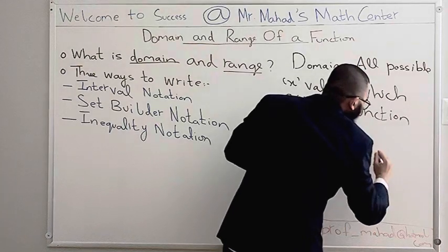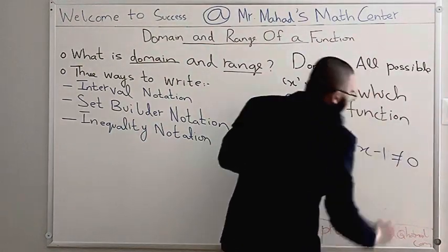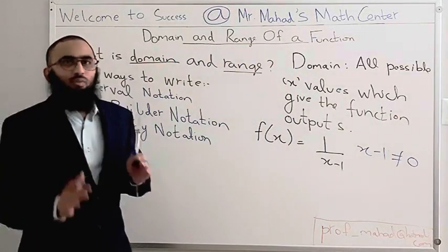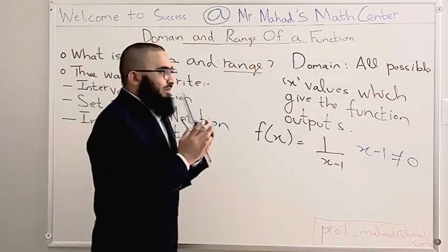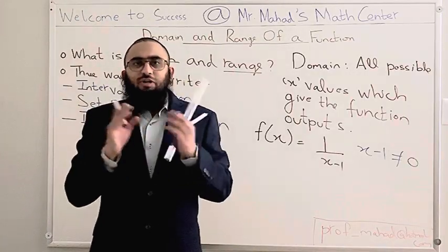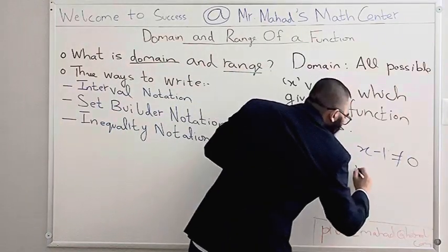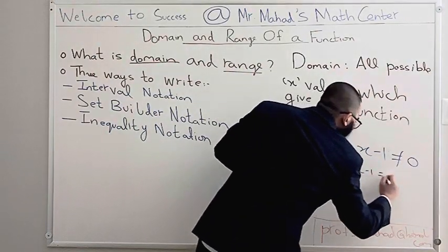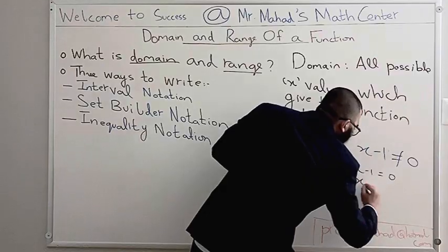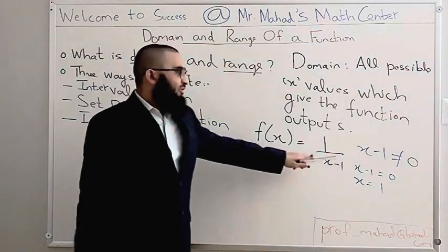x minus 1 cannot be equal to 0 because x minus 1 is the denominator. Now let me find the value of x which will make this function undefined. So can I say that x minus 1 equals 0, and then when x is 1, the denominator is 0.